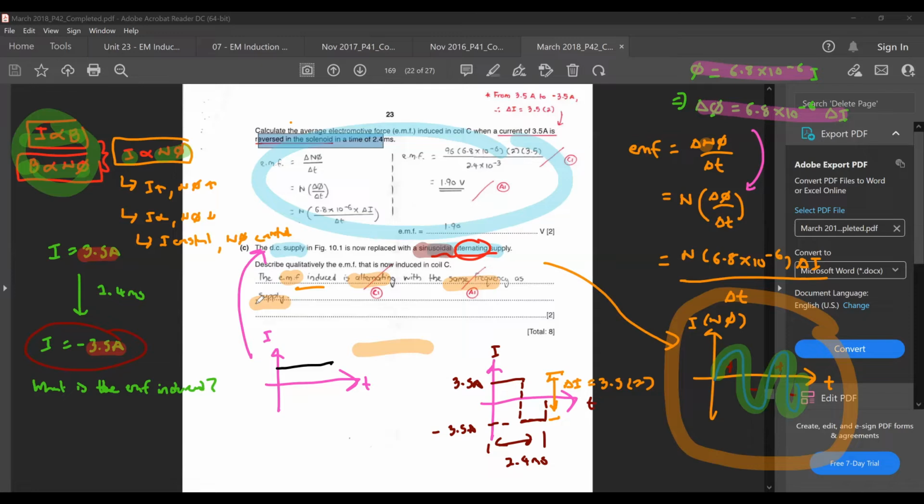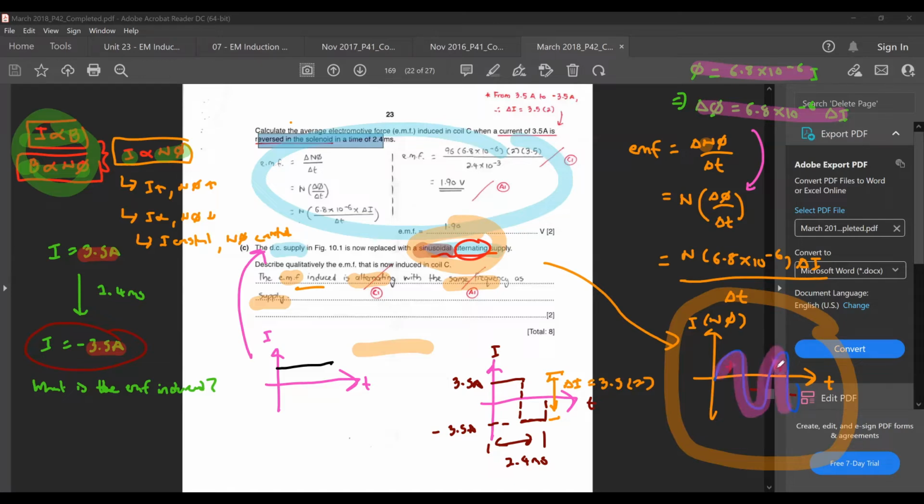The important thing to note here is that if I have a sinusoidal alternating supply, my current is varying like this. Because my flux linkage is continuously varying, following the same graph, I also have continuously changing flux and continuously changing EMF. The EMF that I'm going to get will continuously vary, and will also be sinusoidal like this.